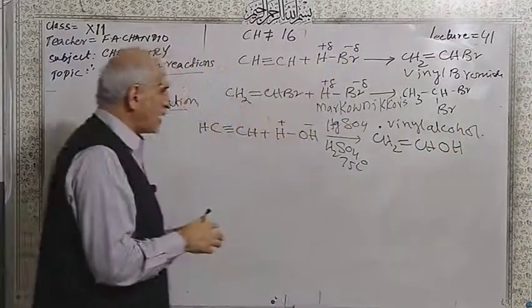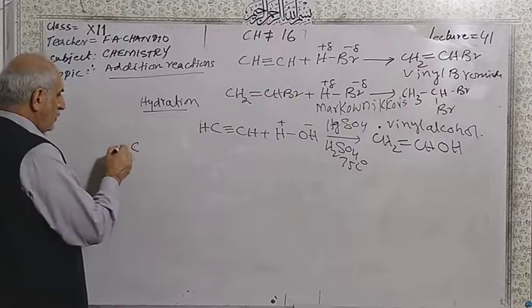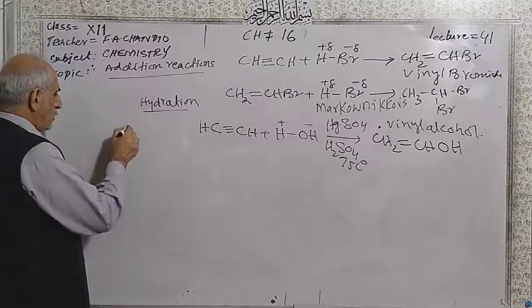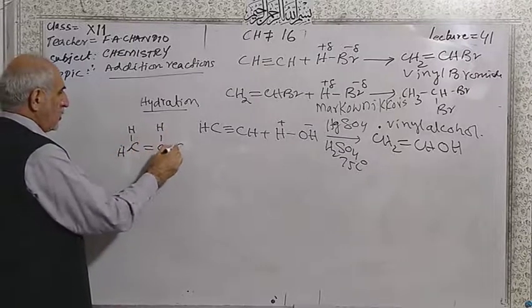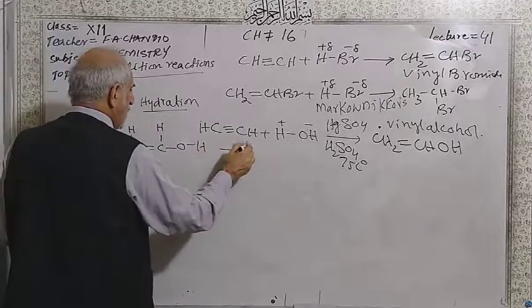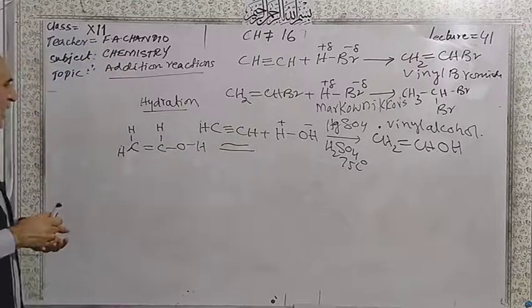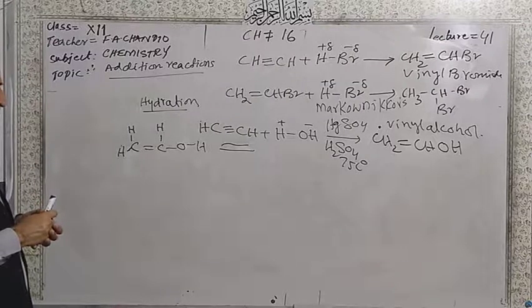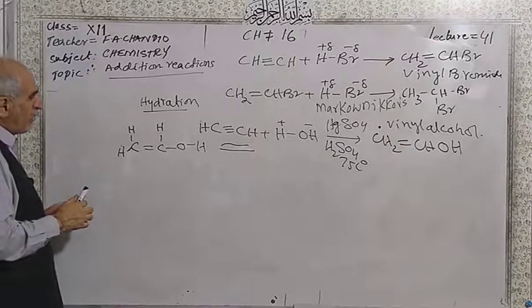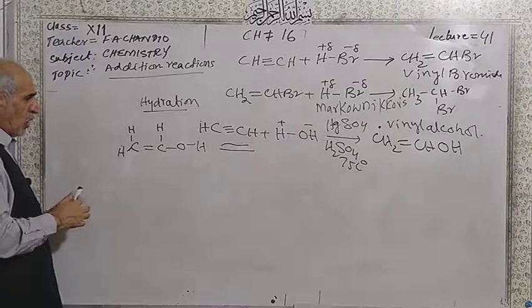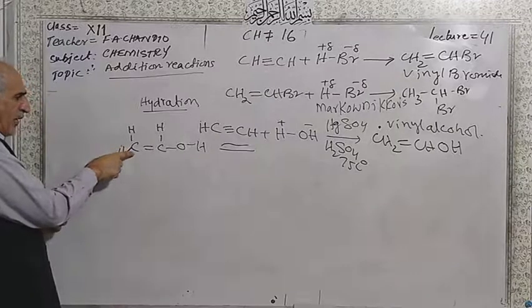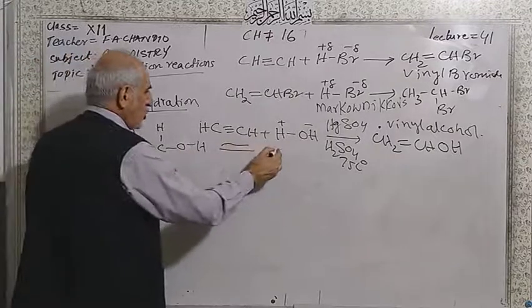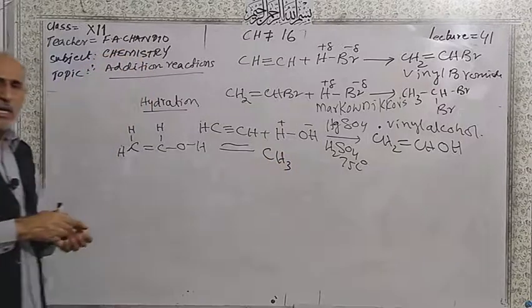Dear students, vinyl alcohol is unstable. So there will be a rearrangement. Now how does the rearrangement take place? One of the hydrogens is going to be attached to this carbon. So the double bond is removed to make an alkyl group, a methyl group.